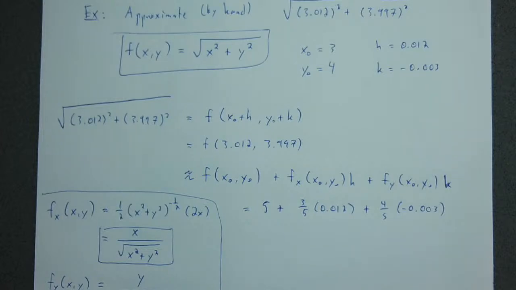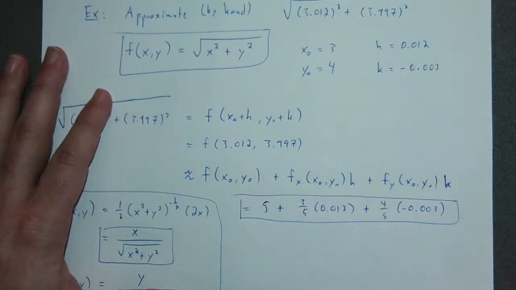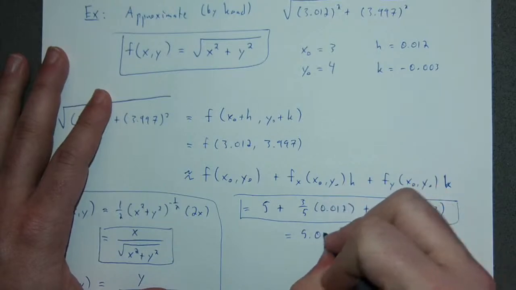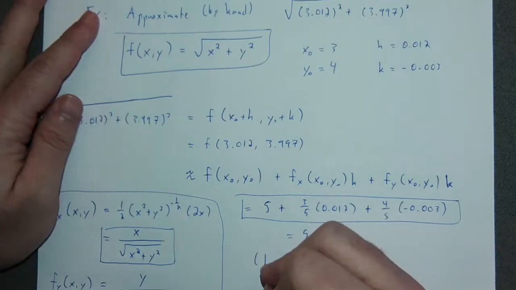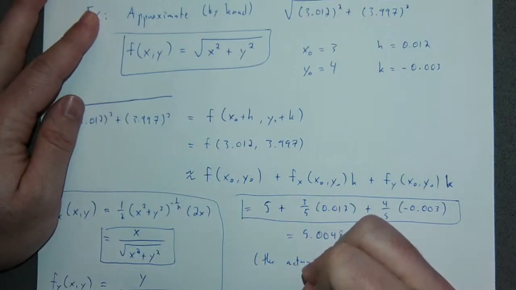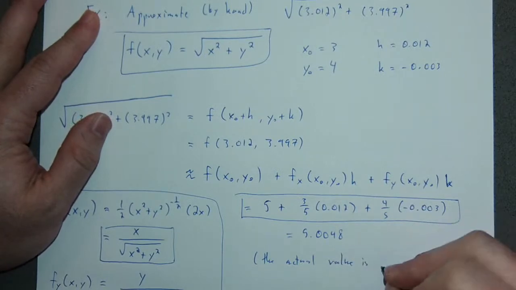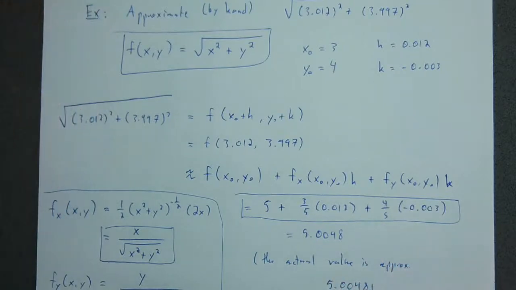You can leave it like this. If you actually did these multiplications and wrote this out, this is 5.0048 is what I get. Okay, what is the actual value? The actual value is approximately 5.00481.